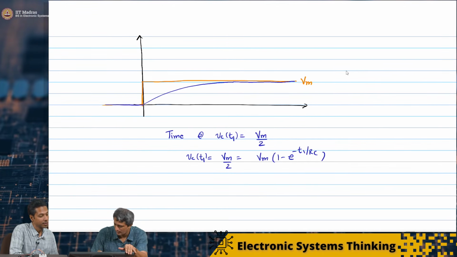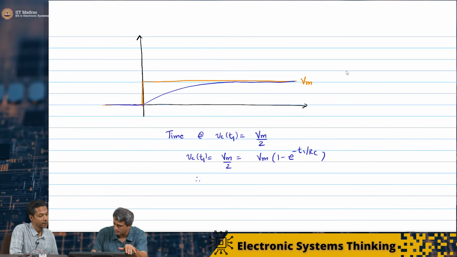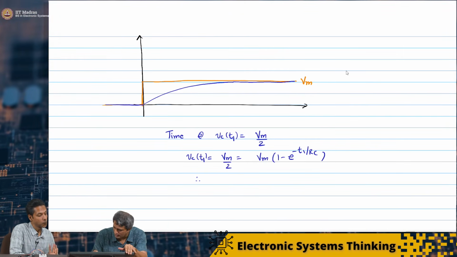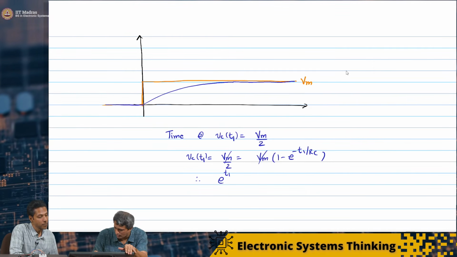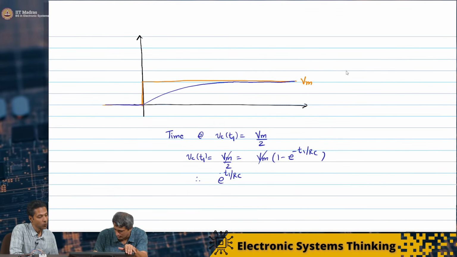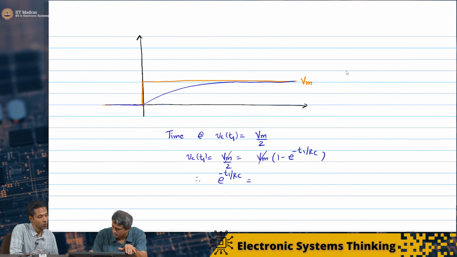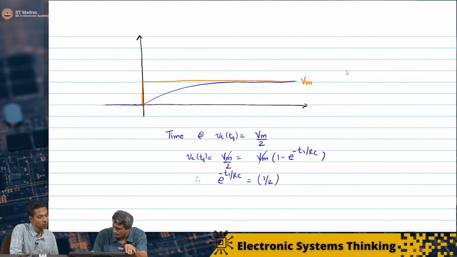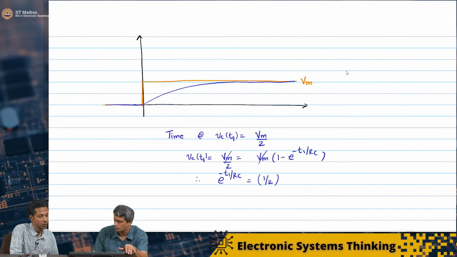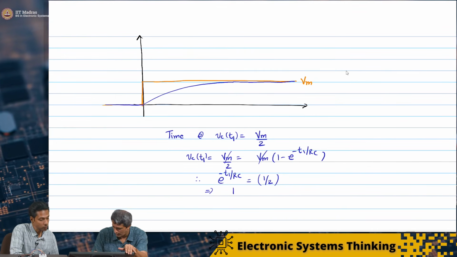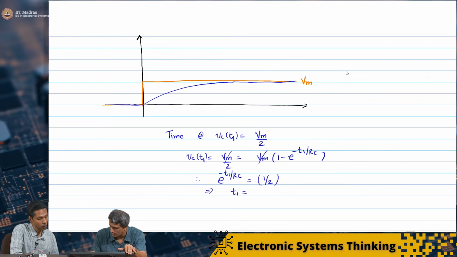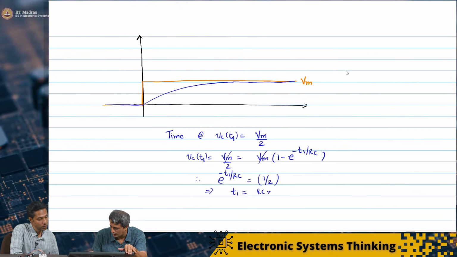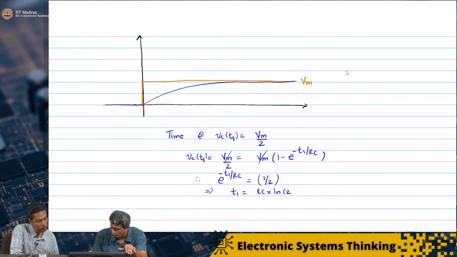Therefore, you rearrange these terms, you will get e power minus T1 by RC equals half. I am just subtracting this half from this one. Implies T1, if I now take ln on both sides, it will be RC into ln of 2.